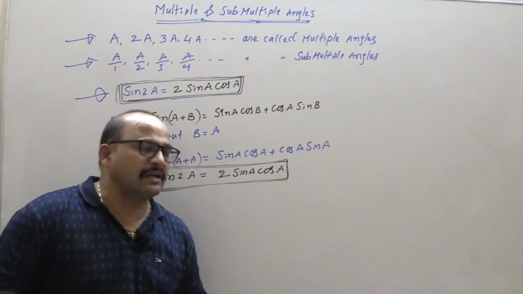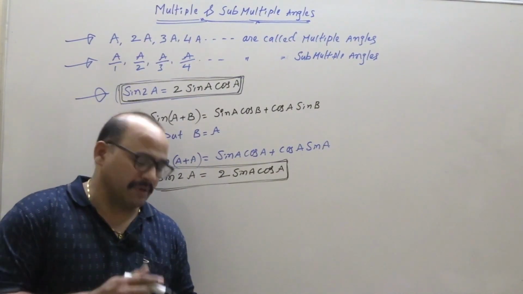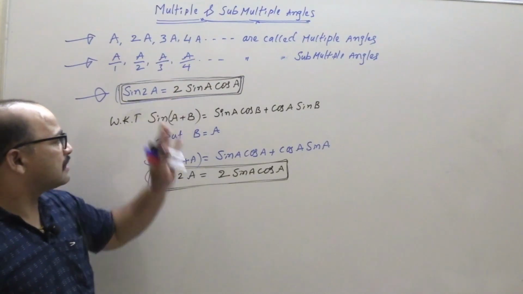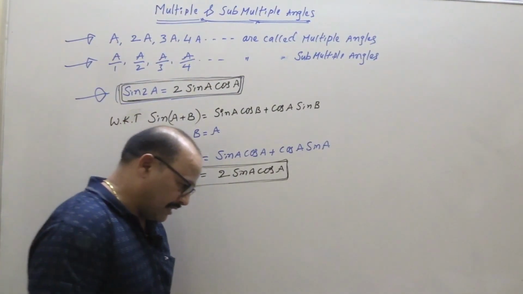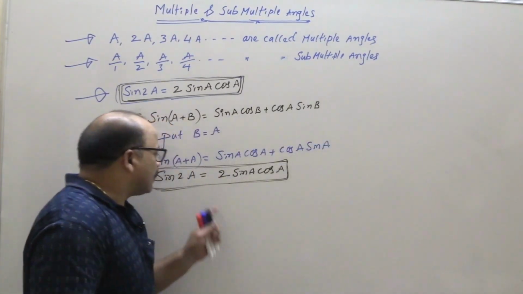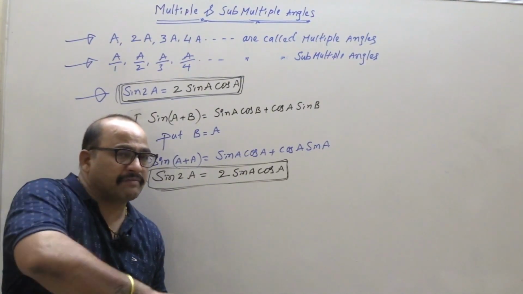So before that you should learn the sin of a plus b formula, to get the same answer for sin 2a. Next, there is another formula for sin 2a in terms of tan.